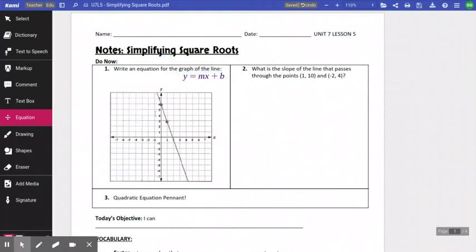M is going to be your slope. In this case, with these 2 points, I can see that we're going down 3 over 1, which means the slope is negative 3. We've got y equals negative 3x. And then b is always your y-intercept. Here, this line crosses our y-axis at the point 6. So my y-intercept is a positive 6. And that right there would be our equation.